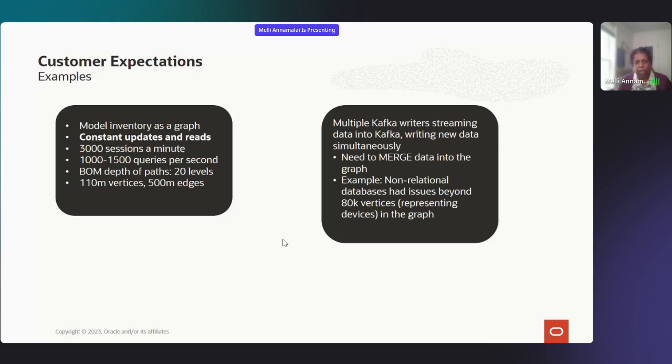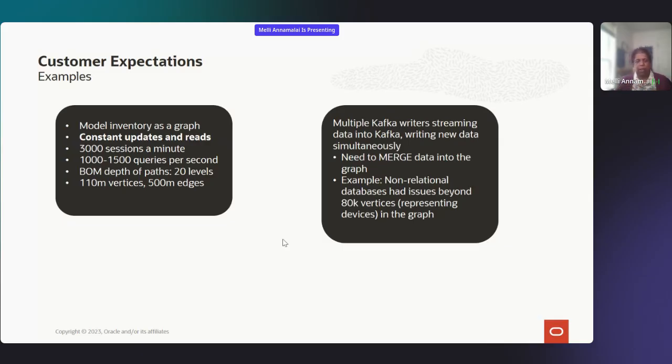I want to be able to constantly update it and use it as a graph. And I have high concurrency requirements, such as 3,000 sessions a minute. So 3,000 people are going to be logging in at the same time, running 1,000 to 1,500 queries per second. And I need to traverse my graph.